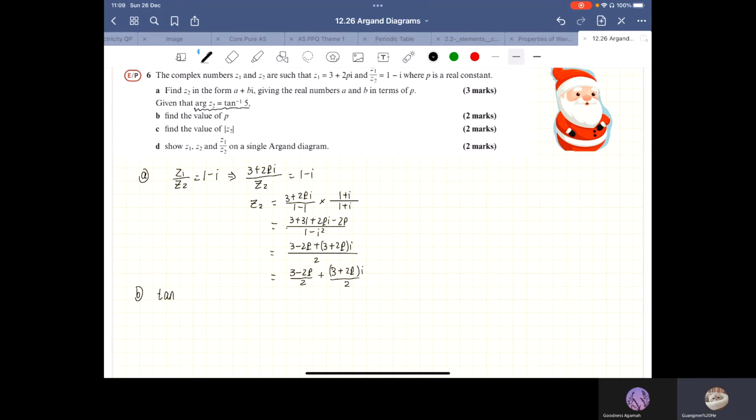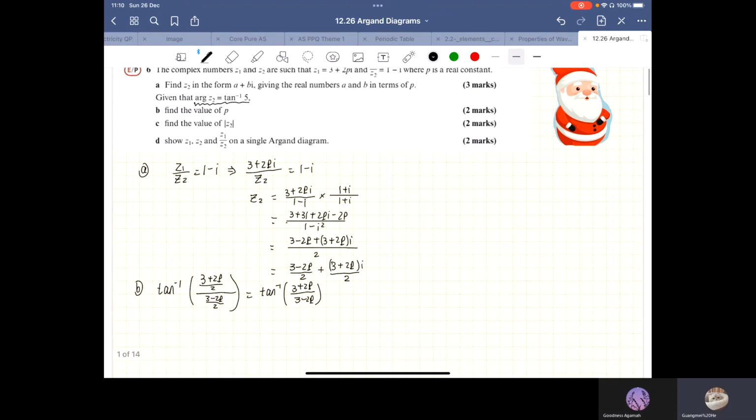So it is basically inverse tan of (3 plus 2p over 2) divided by (3 minus 2p over 2). Now, this fraction may look a little scary, but both of them have a denominator of 2, so we can cancel that out. And we only get inverse tan of (3 plus 2p) over (3 minus 2p).